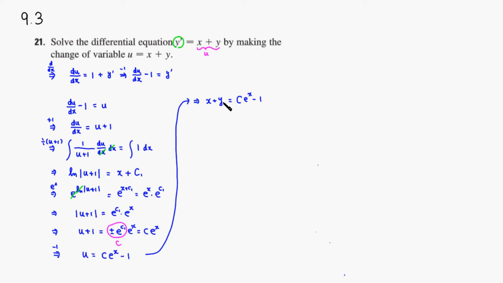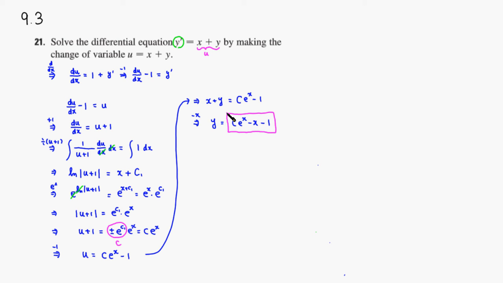But remember that y is the solution we're looking for. We can just subtract the x, so that we have y is equal to c times e to the x, I'll put the minus x right here, and a minus 1. So this is the solution of the original differential equation.